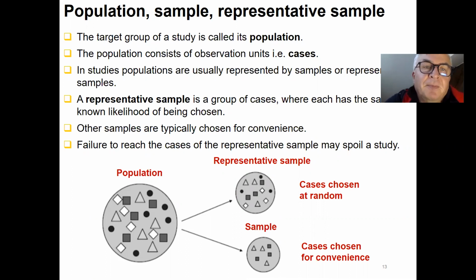Important terminology. We talk in statistics about the population. That's the target group of your study. So it may be people, it may be schools, it may be countries in PISA, and so on. The target group of your study is the population.